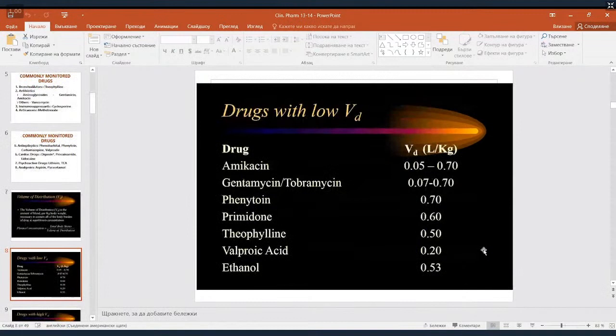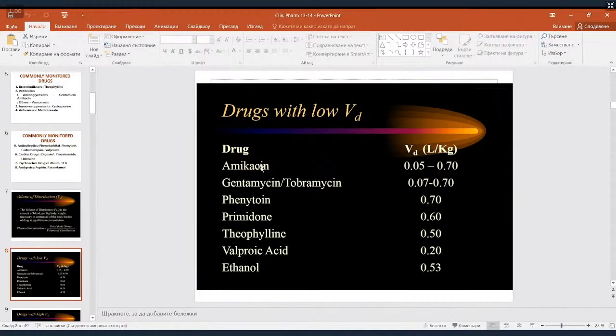And we have drugs with a low volume of distribution and drugs with a high volume of distribution. The drugs that have a low volume of distribution, this actually tells you that these drugs are distributed not that much in the tissues, but mostly within the intravascular space.